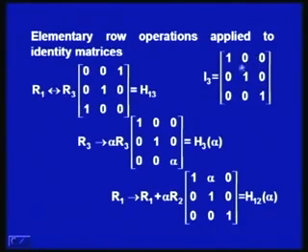When added into this, it is 1 plus alpha and then 0. So, this operation is called H12 alpha, because alpha is a constant to be multiplied by the second row and added into the first. So, we have 3 different operations H13, H3 alpha and H12 alpha.